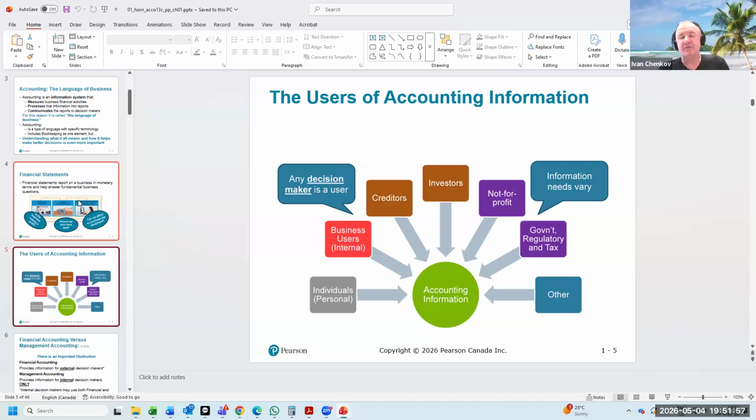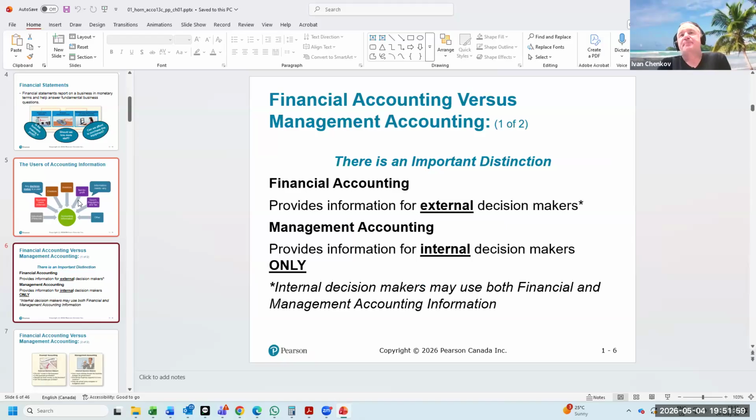Right? And then we have other users. So for that reason, we can split the information into two streams. One stream is financial accounting, the other one is management accounting. In financial accounting, we provide information in the form of financial reports for the external decision makers, people outside of the company, who, as we're going to see later, want either to give us money or lend us money or invest in our company.